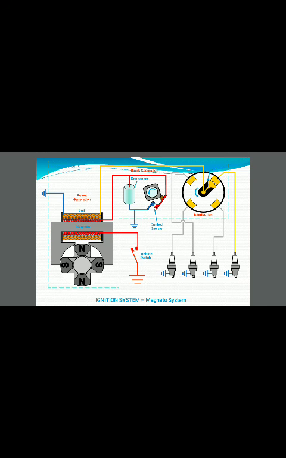When this magnet moves between the coil, due to the electromagnetic effect it produces the high voltage current, and that high voltage current is directly sent to the distributor, and from the distributor it is sent to the spark plugs. An ignition switch is used to turn this magneto ignition system on and off. The condenser here is used for safeguarding all the equipment from the high voltage sources.